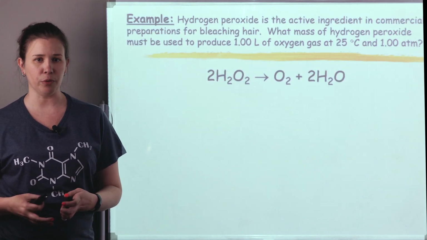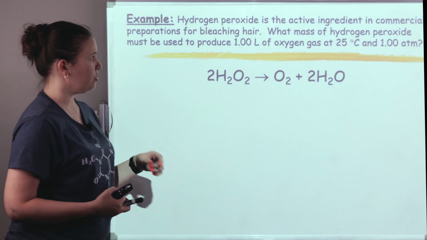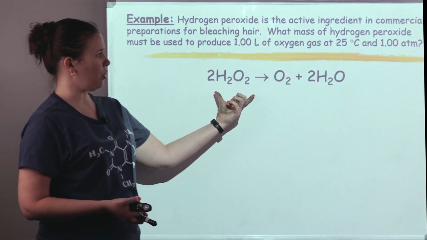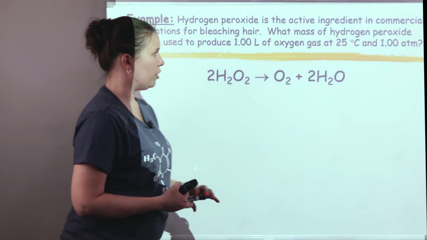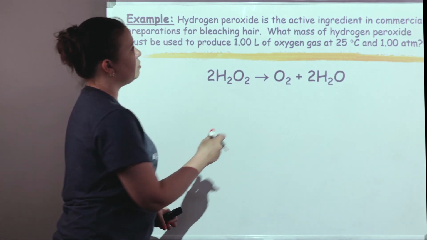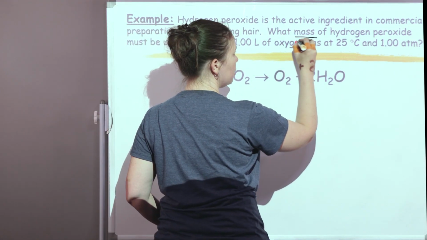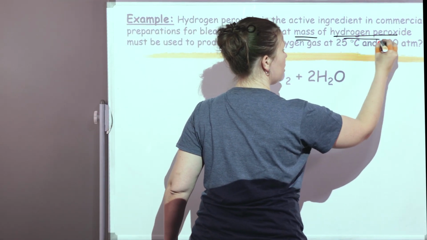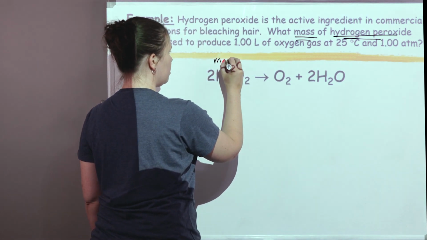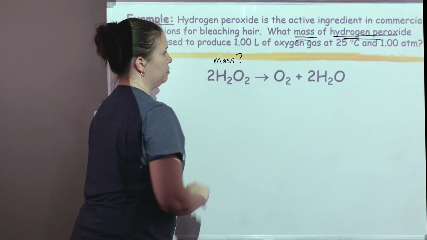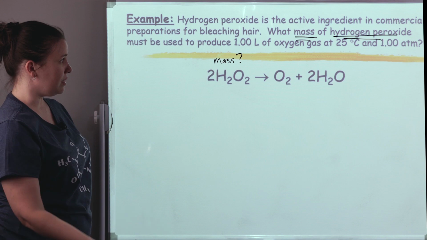So let's look at an example. Here we see the decomposition of hydrogen peroxide, where hydrogen peroxide breaks down into oxygen and water. In the question, we can see we're looking for the mass of the hydrogen peroxide. So I'm looking for mass of reactant. But let's look at what we're given to get there.